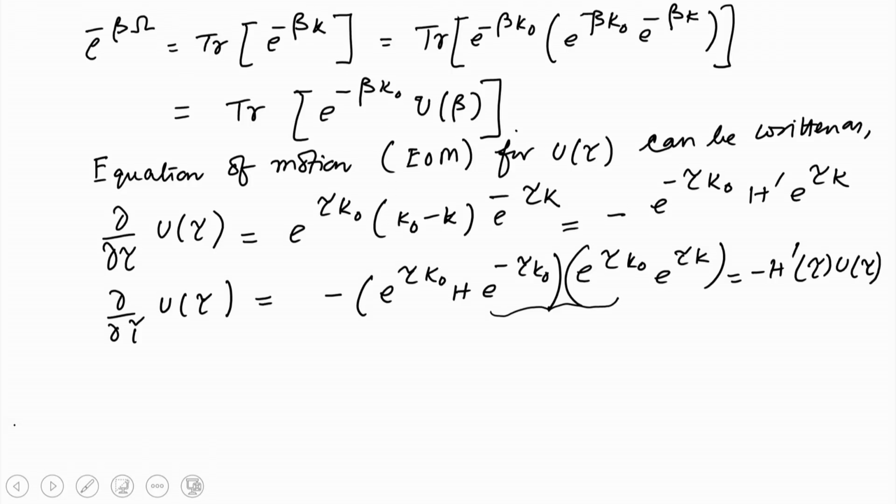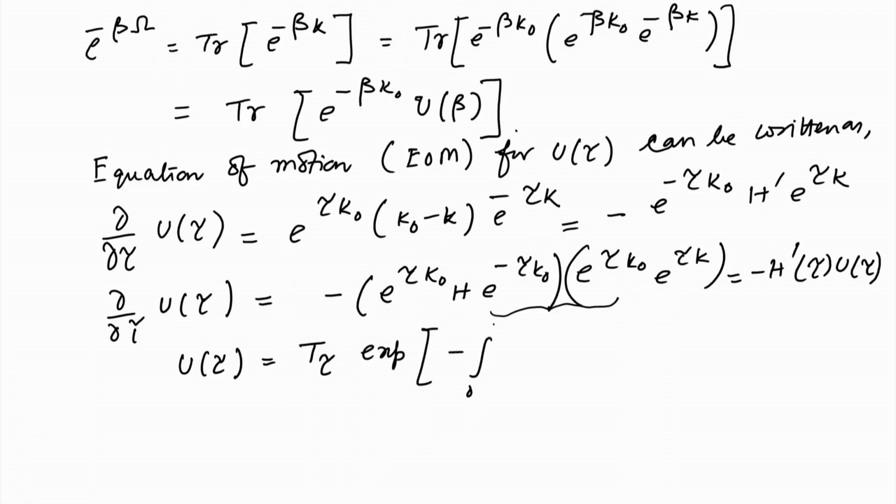We have seen this kind of equation. We can write the solution of this differential equation as T_tau exponential minus integral 0 to tau H prime of tau prime d tau prime.